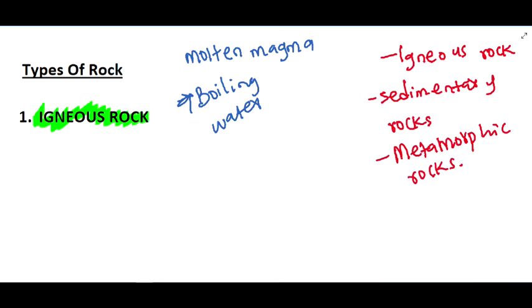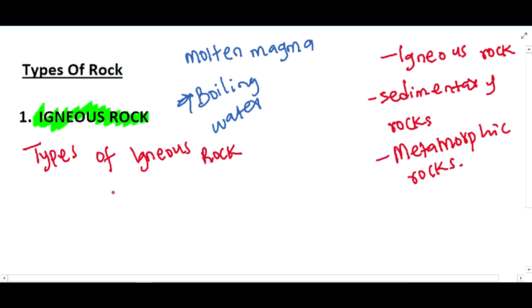Okay, and that will help us to talk more about the types of rock. We have two types of igneous rock. The first one is plutonic or intrusive igneous rock.